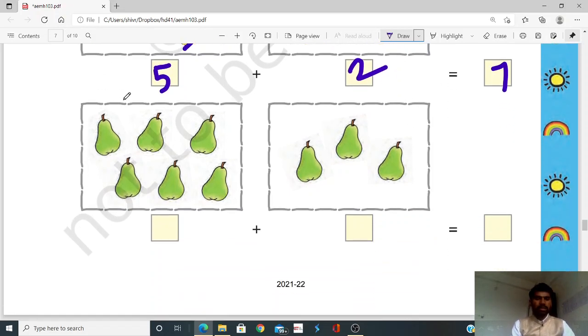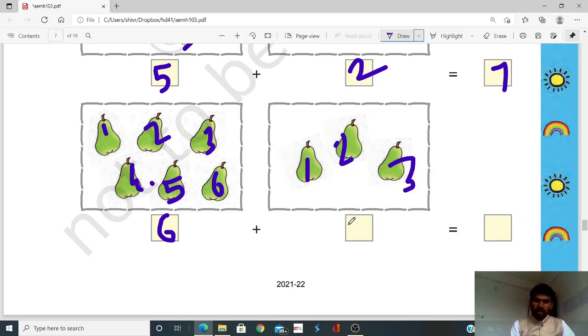Okay, here you can see the picture of pears. 1 2 3 4 5 6, right? Therefore the answer of this box is 6. 1 2 3. 6 plus 3 is equal to 9.